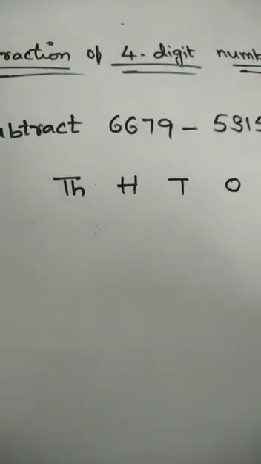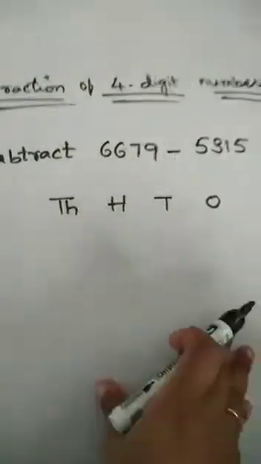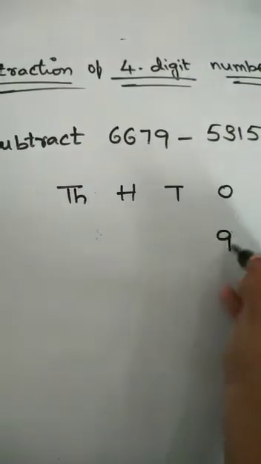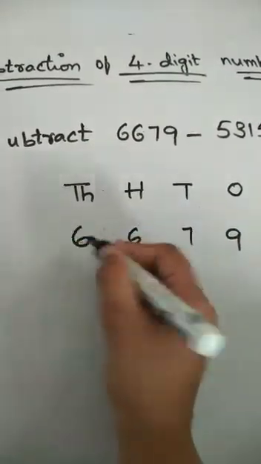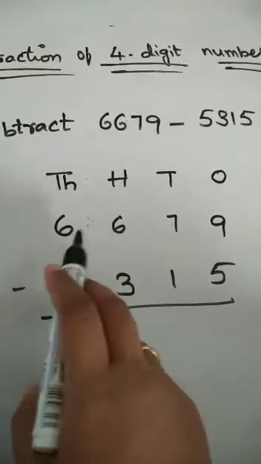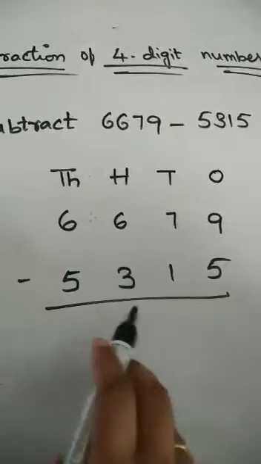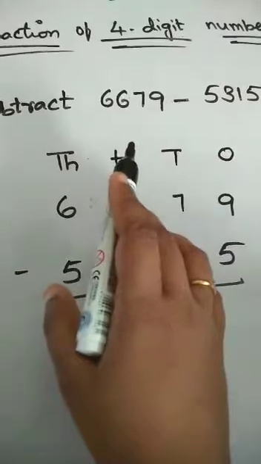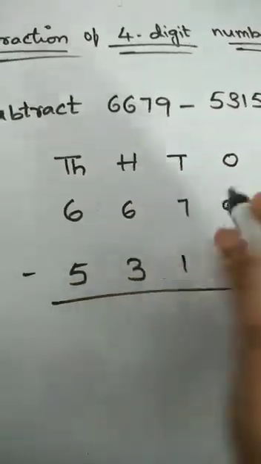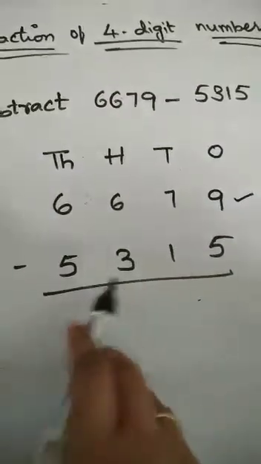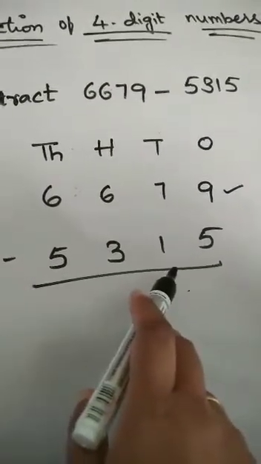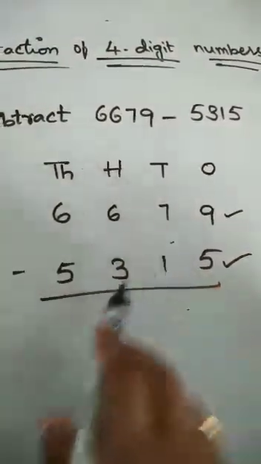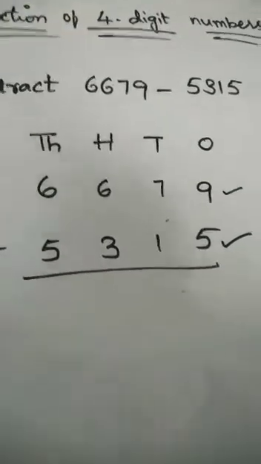I need to subtract this from this. 6679 is the bigger number, so I have written it on top. 5315 is the smaller number, so I have written it at the bottom. Okay, now we can subtract.